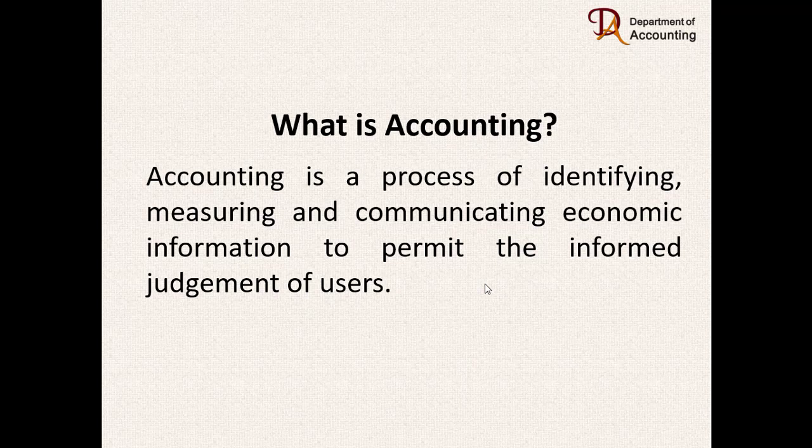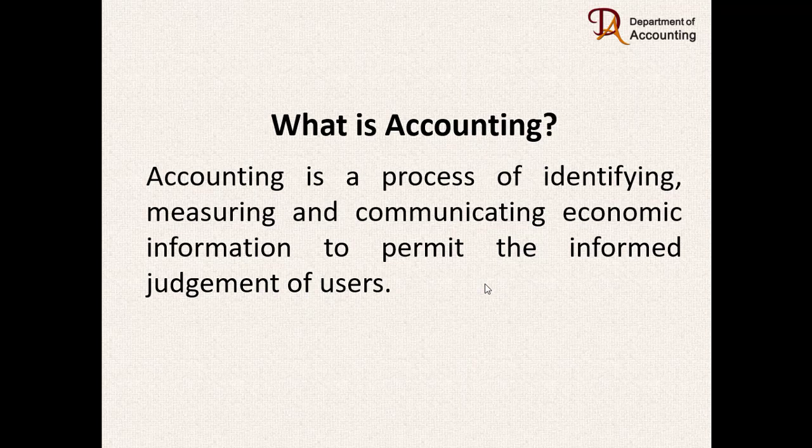So basically, we are doing a service activity. We provide the necessary information, which is economic in nature, to permit informed decision making. That is one of the critical aspects of accounting, basically what we call the reporting aspect.